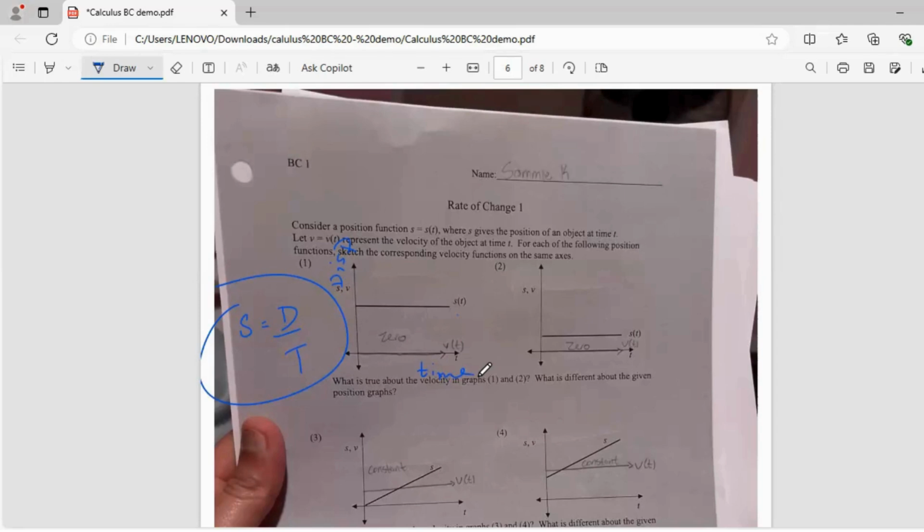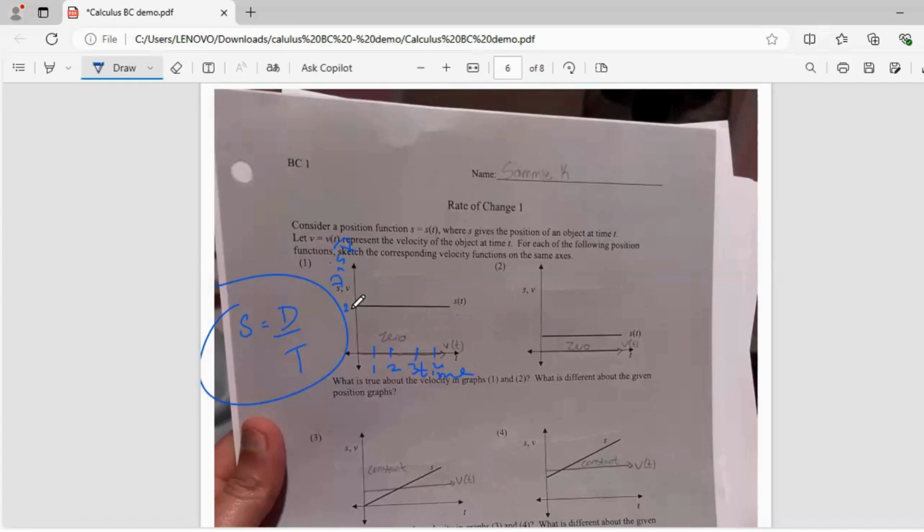Whatever your time is, your displacement is always the same. What does that mean? It means that you are stationary. Your position is fixed at 2.